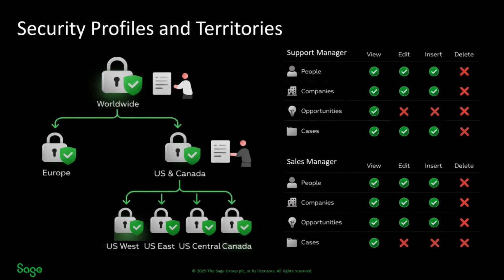And so you can see here, if you look at the little icon next to the US and Canada image hierarchy on the left-hand side of the screen, that she has access to US West, US East, US Central, and Canada. So that is something that we were looking at yesterday.